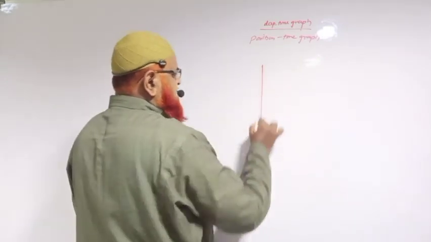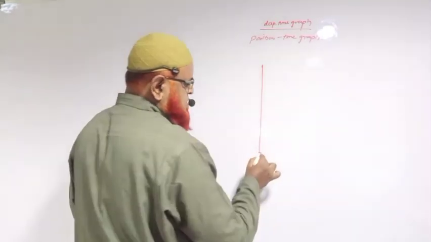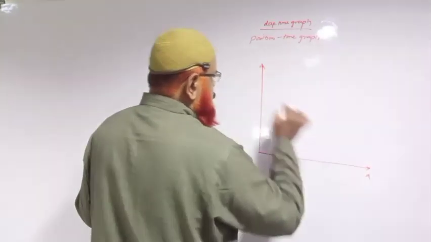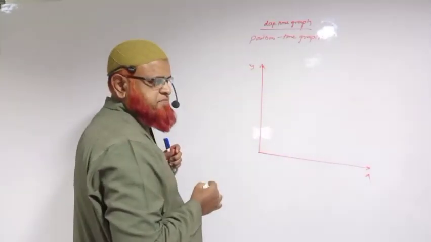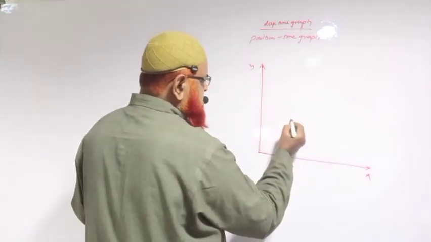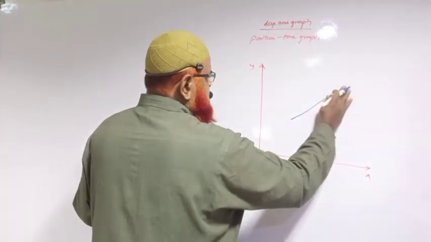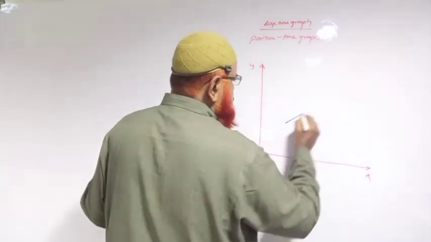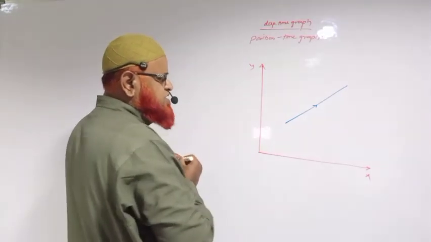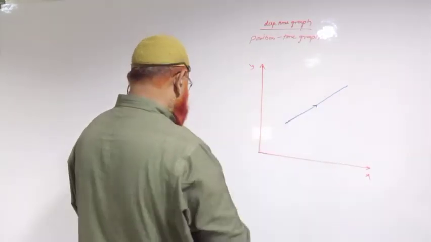So what is the meaning of these graphs? You are going to consider this as the x-axis and this as the y-axis. For example, now I am drawing one graph from here. This is a straight line, just a graph starting from one point and ending at the other point.